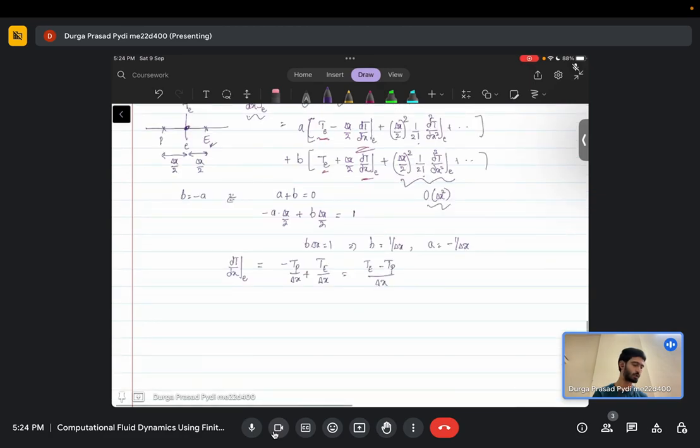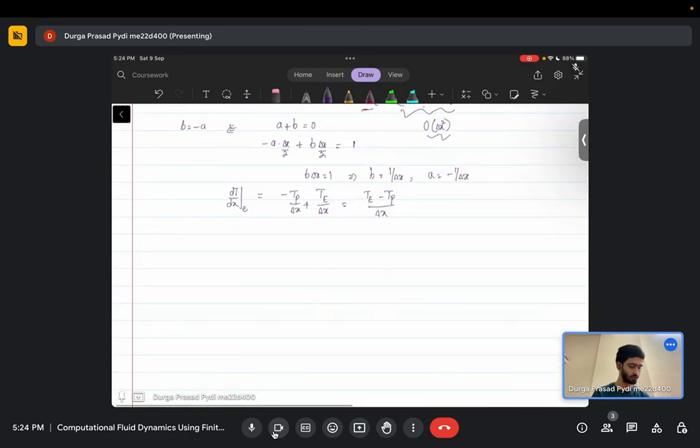Now in a similar fashion, what we want is for a quadratic profile. When we take a quadratic assumption, you express your gradient on the east face in terms of the P cell, the current cell, the east cell, and we take one extra cell, so that is our east east. We now have 3 constants, so we will be needing 3 equations.